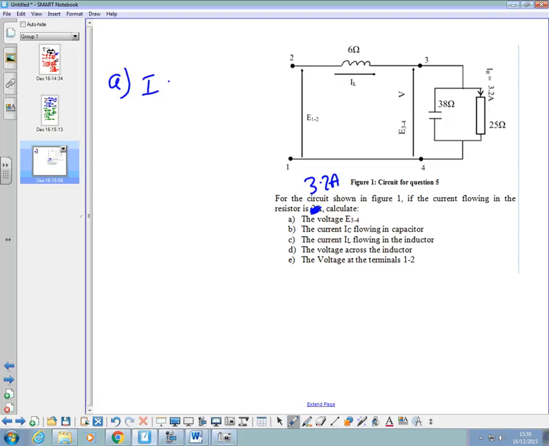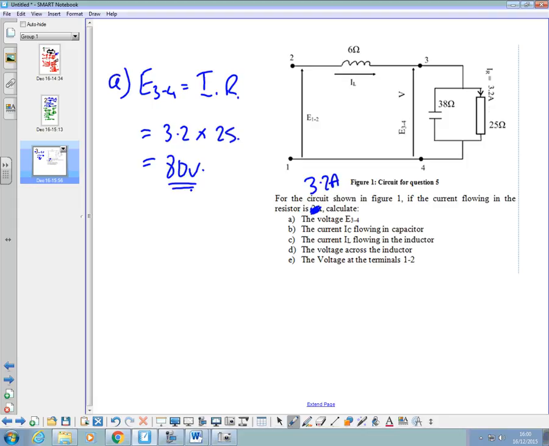We want E34, which is equal to IR, which is 3.2 times 25, and the answer you get is 80 volts.